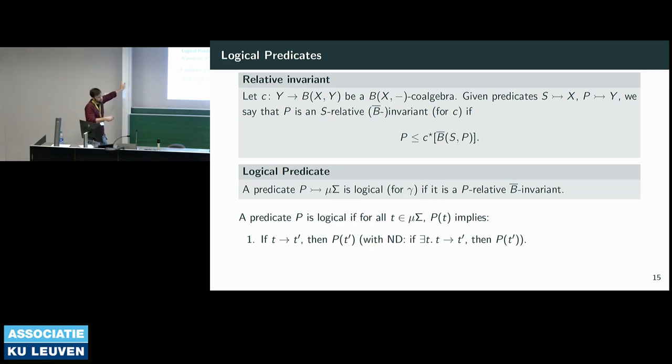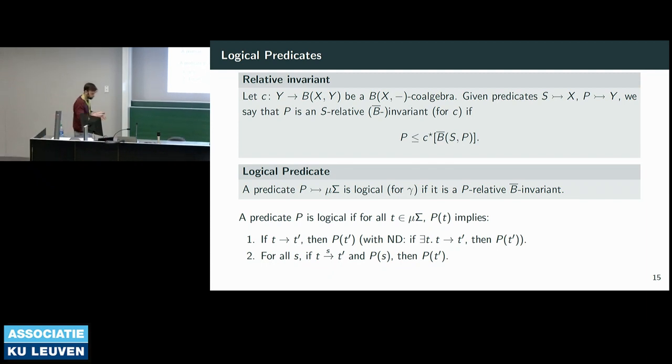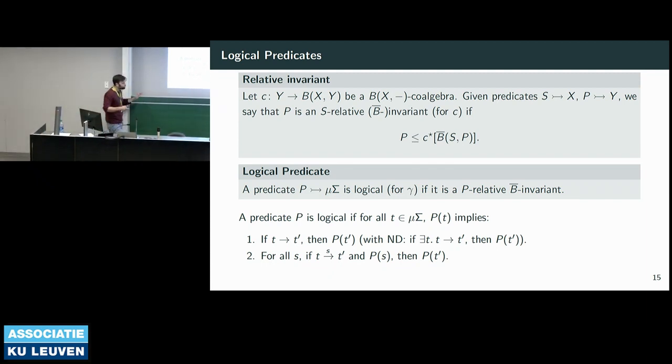If you had something like non-determinism, it's going to look like this: if there exists t prime such that t goes to t prime, then P of t prime. And then, for all S, if applying S to t goes to t prime and P of S, then P of t prime. And I think in the literature you can find this definition of logicality, on relations or predicates. So it checks out. It's a precise and accurate abstraction that captures the notion of logicality.